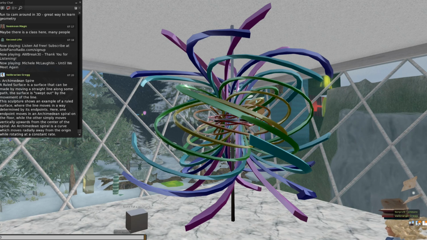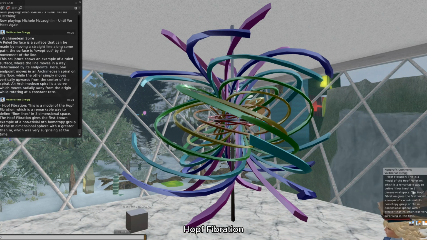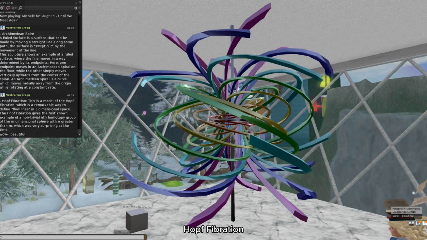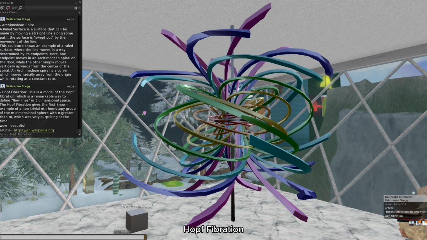This is a model of a Hopf fibration, which is a remarkable way to define flow lines in three-dimensional space. The Hopf fibration gives the first known example of a non-trivial homotopy group of the m-dimensional sphere with n greater than m, which was very surprising at the time.